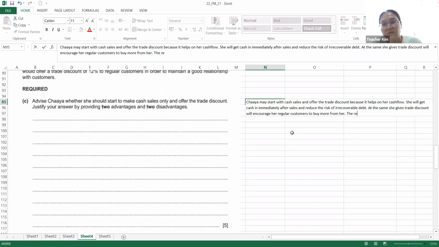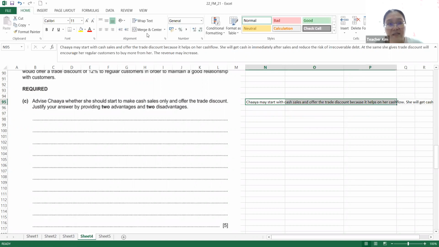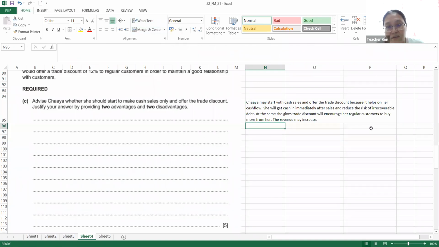The revenue may increase. Okay, so this one is about the advantage of changing to cash and offering the trade discount.